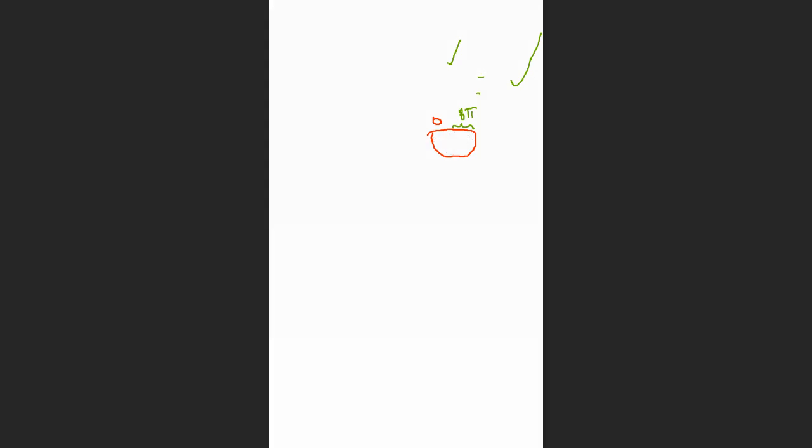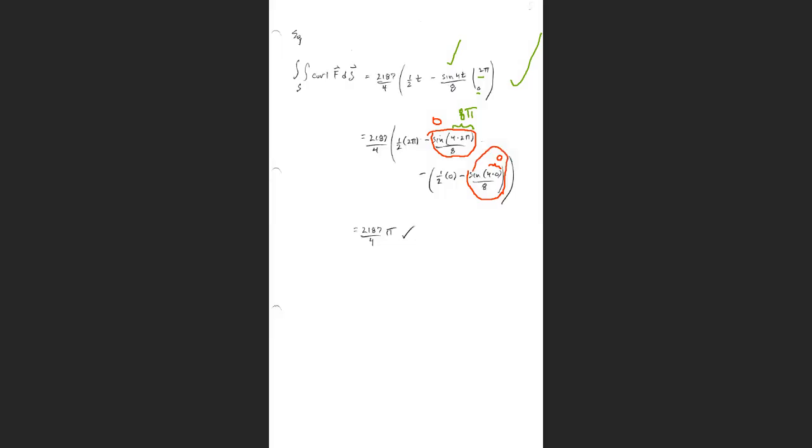Sine of 4 times 0, that's the sine of 0. So that's going to equal 0. I mean, it's 2,187 over 4 times pi. Then, you know, this term times this term. Absolutely fascinating kind of problem.